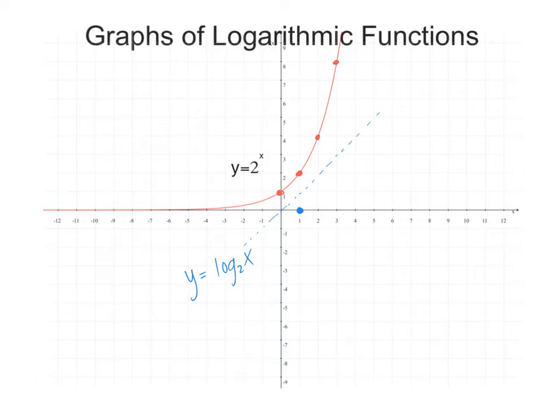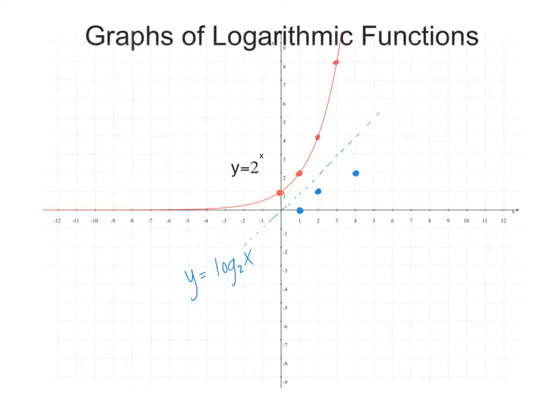Now this one's base 2. So if I input 2, I get log base 2 of 2. That's saying, what power do I need to raise 2 to get 2? And that's the first power. A lot of 2's in there. If I input 4, all right, 4 is a, quote, good value on a log graph of log base 2 because 4 is a power of 2.